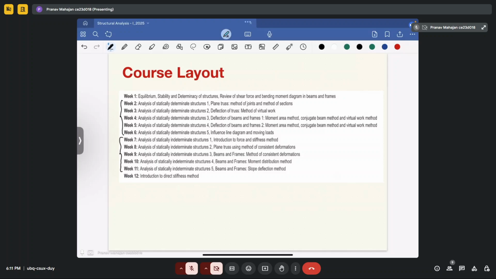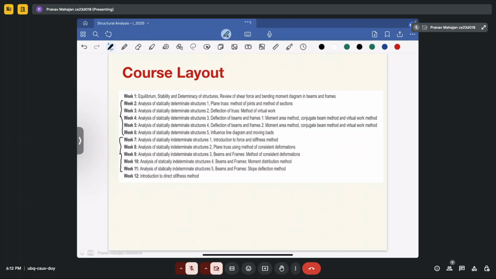This is the whole layout of the course, and you only have to cover three things: one is beam, another is frame, third is truss. Depending upon their determinacy, whether they are statically determinate or indeterminate, you need to look at what kind of method you require to solve the problem and then solve it.